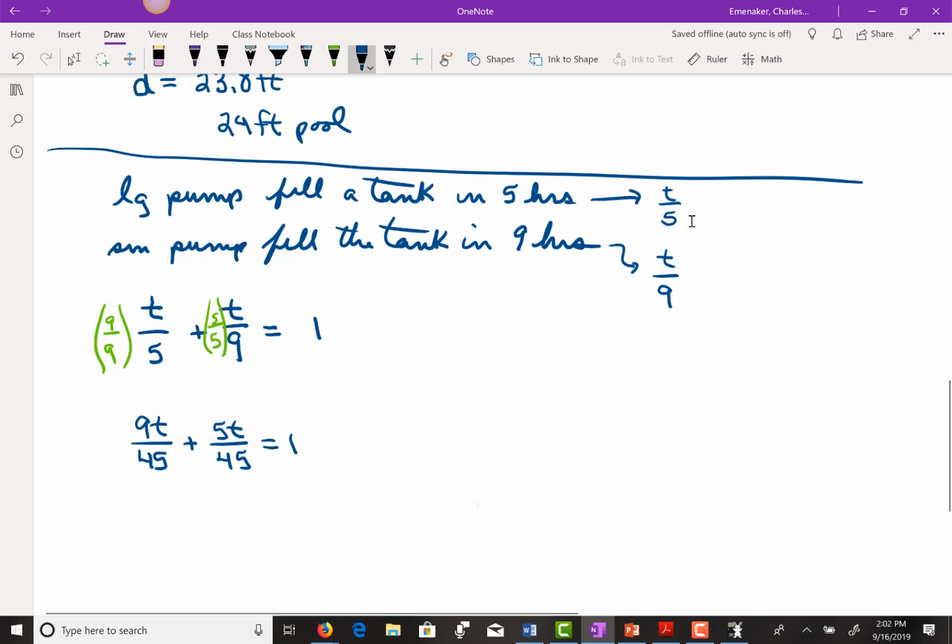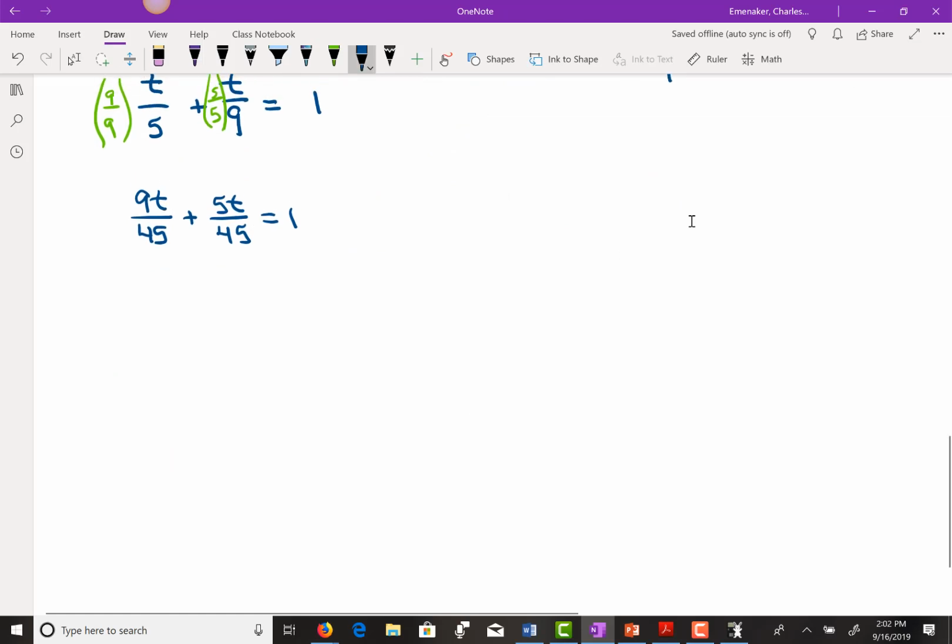Because they have the same denominator, we can rewrite this as something or other over 45 equals 1 whole tank done. And that's going to be 14t, isn't it? Okay so far? How do you solve for t?